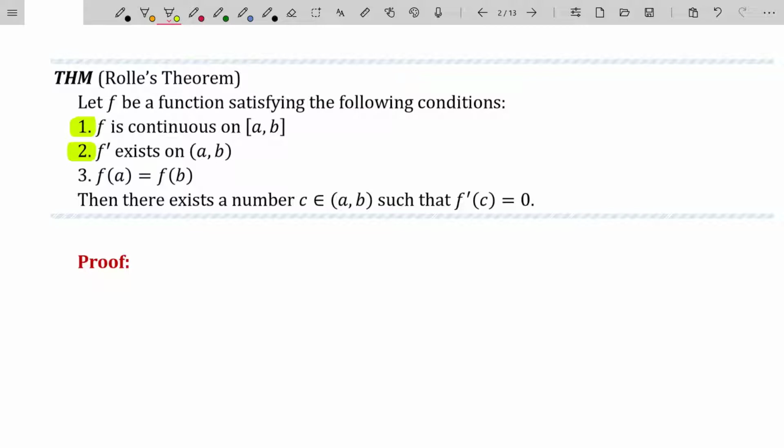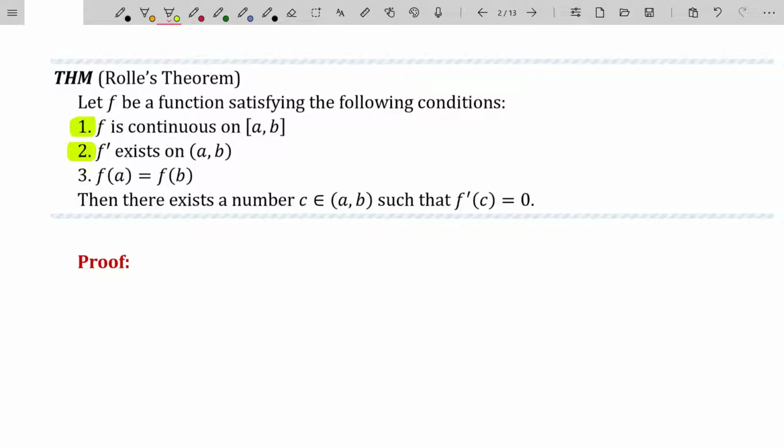Now, let me just address something very quickly here before I continue forward. There is a theorem that we've run into in this course. Differentiability implies continuity. So if you have a function that's differentiable, it implies that function is continuous.